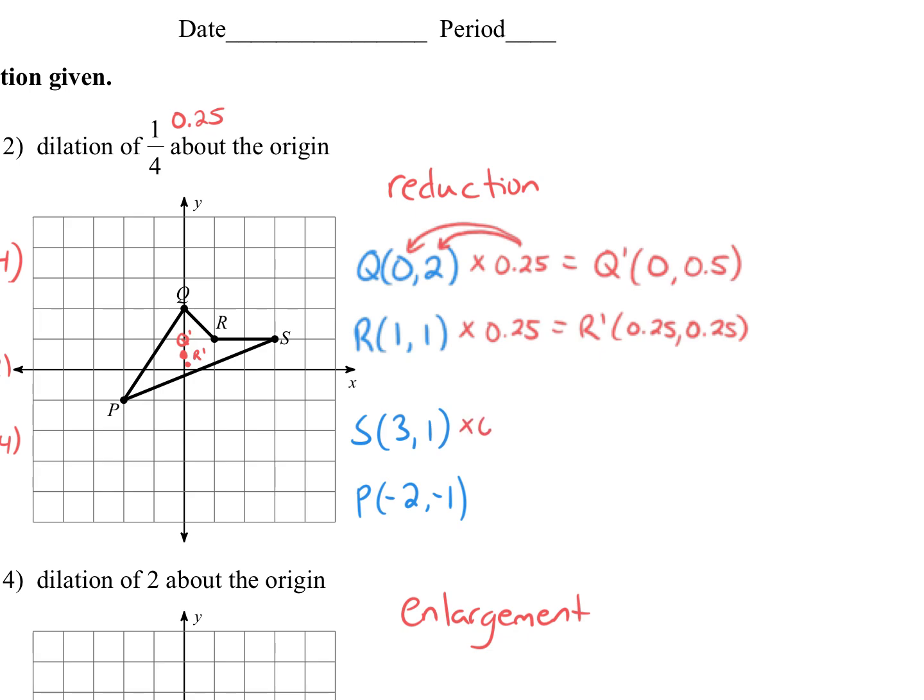Same thing for 3. Okay, my point S, I know some of you are working. Look at my point S here. What do you notice about it? My new S, S prime, where did it land?